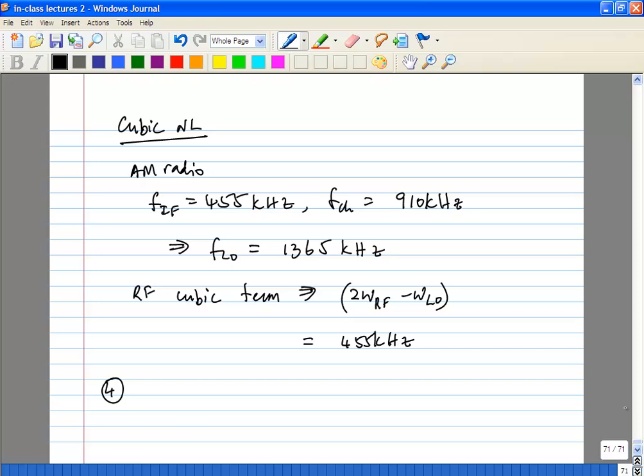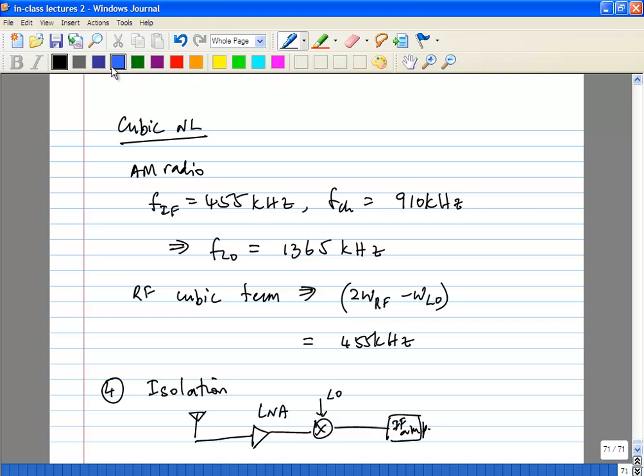The fourth metric is isolation. So let's say you have an LNA, and then your IF amplifier.